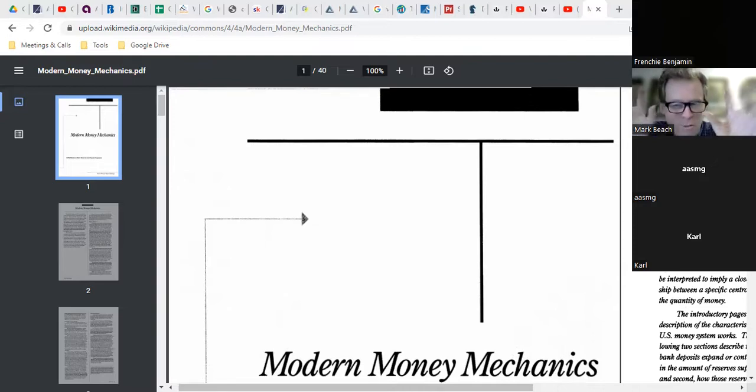Again, when you're thinking too many dollars chasing too few goods, you combine that with the maxim I stated earlier, which is every dollar is borrowed into existence. So when you think about that, too many dollars chasing too few goods, and every dollar is borrowed into existence, then what is the major contributing factor to inflation?